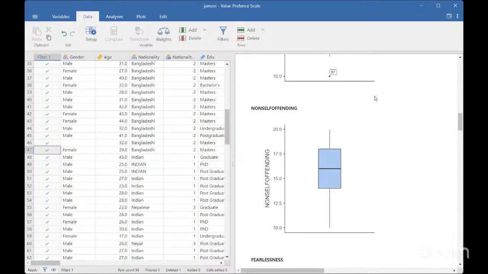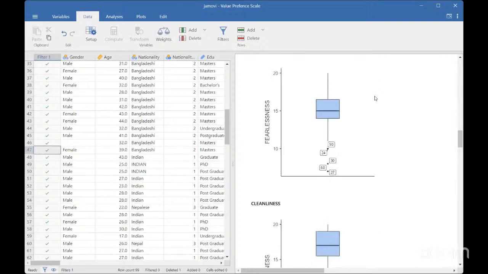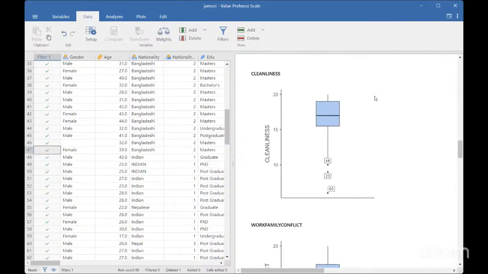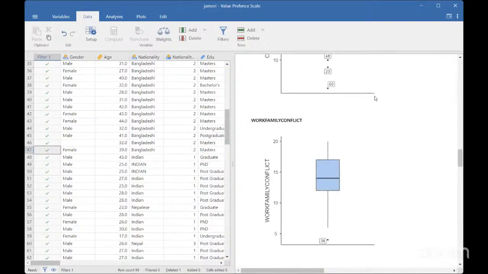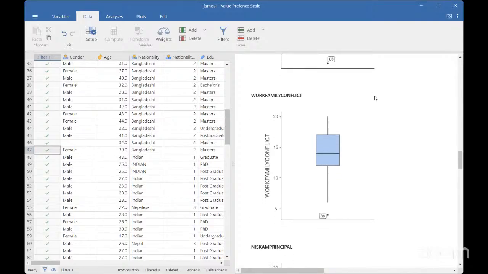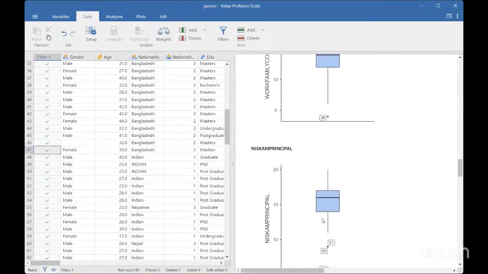Now go below. Fearlessness, you will find only three outliers. Okay, work family conflict, only one outlier, 38.